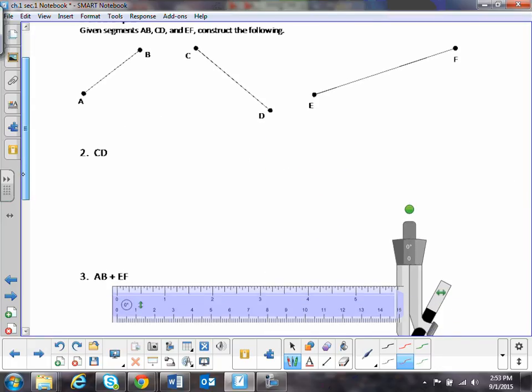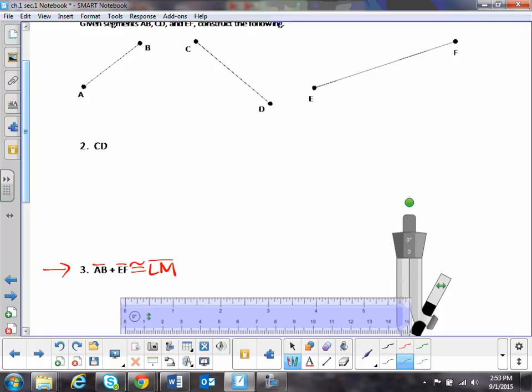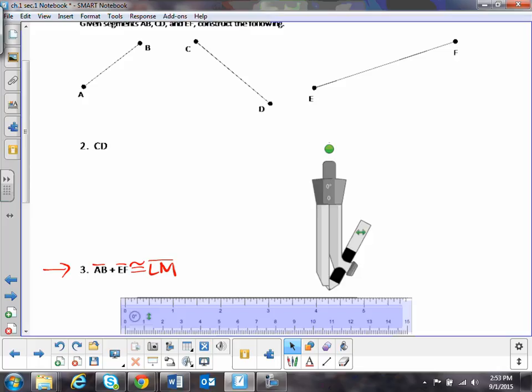One way that you could do number 3 right here, we need to make one segment that is congruent to AB plus EF. So we'll get some other letters. Let's say LN. We need to make a segment LN congruent to AB plus EF. So first things first, start off with a long line. Then you want to get the measure of AB first.